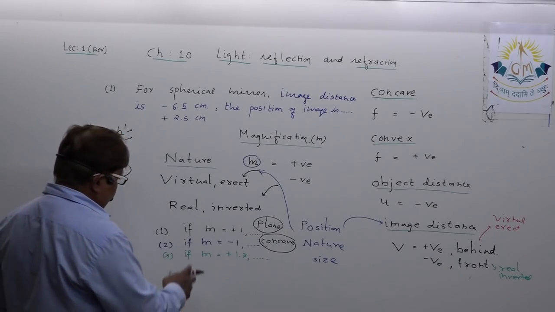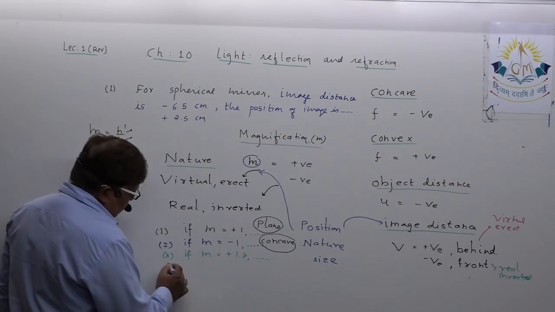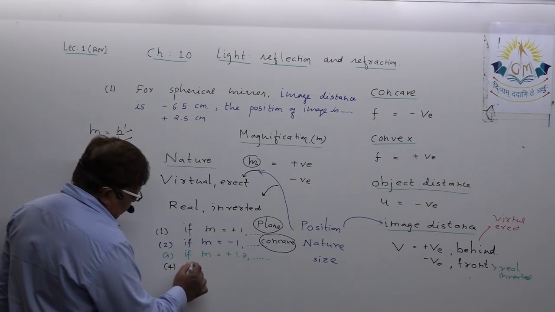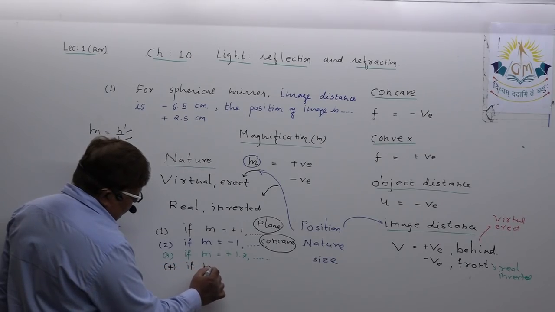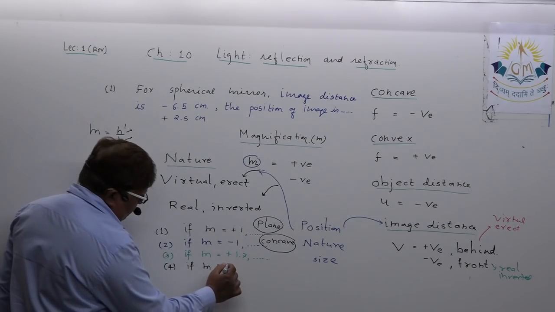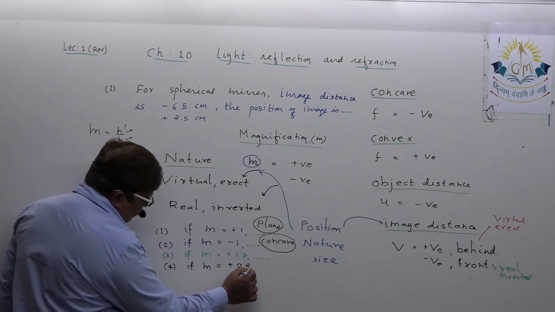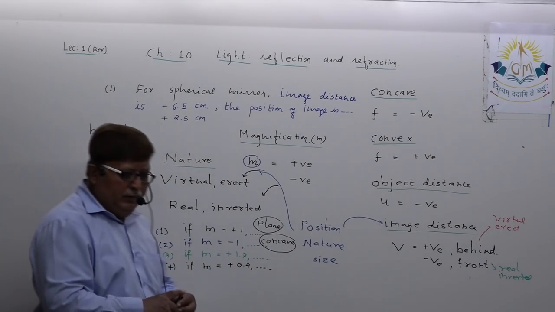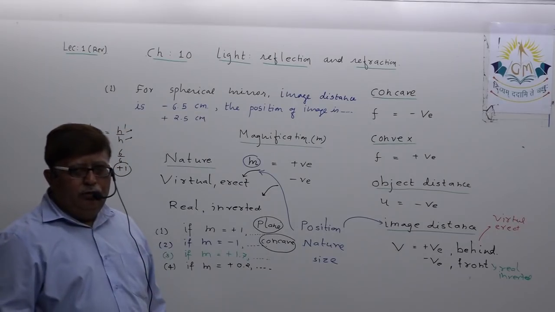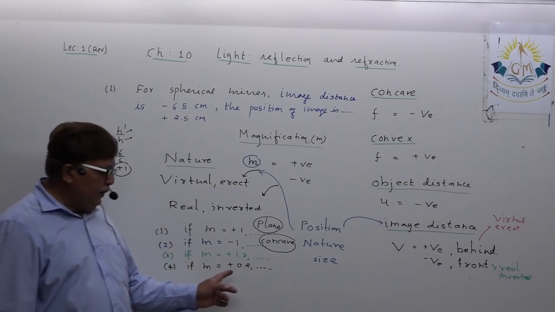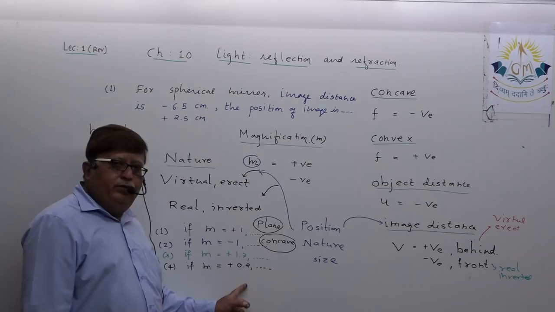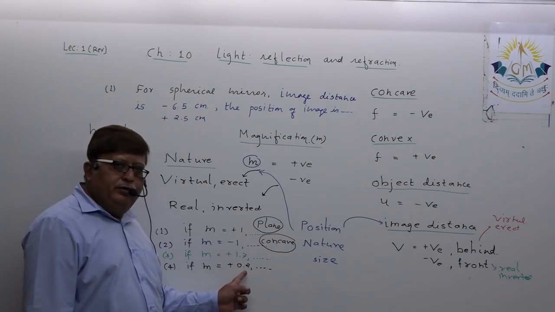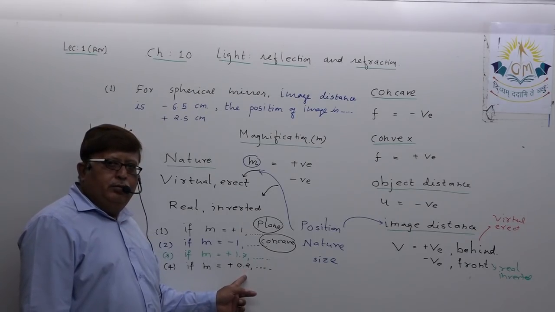Suppose I write, if m equal to plus 0.2. Can you guess the value of magnification I have written here?